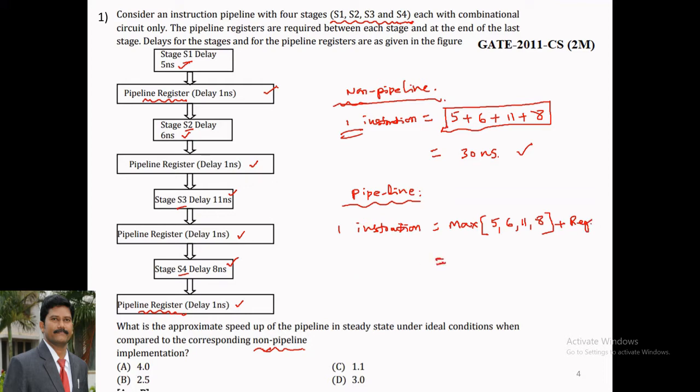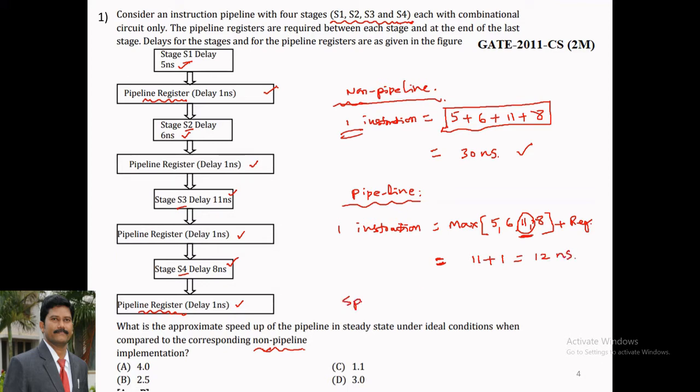Because of the 4 stages, one clock cycle is nothing but the maximum of these, so it is 11, plus the pipeline register delay of 1, that is 12 nanoseconds.